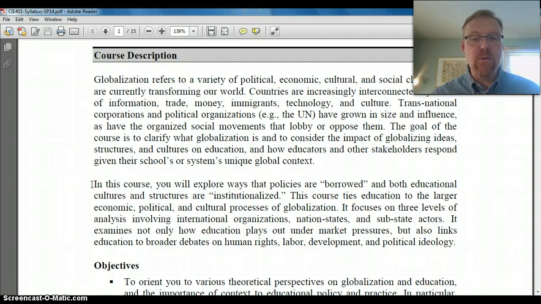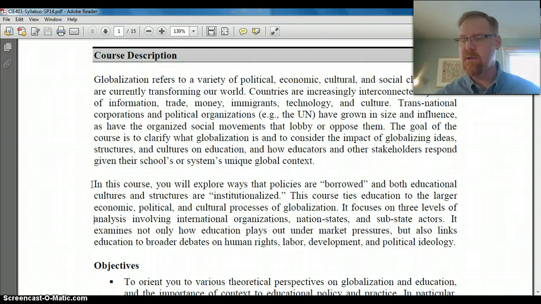And it examines not only how education plays out under market pressures, but also links education to broader debates on human rights, labor, development, and political ideology. I also should have thrown religion in there, because religion is something that we'll be talking about in class this semester as well.